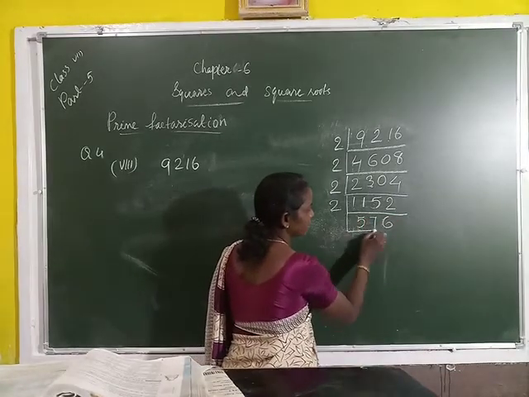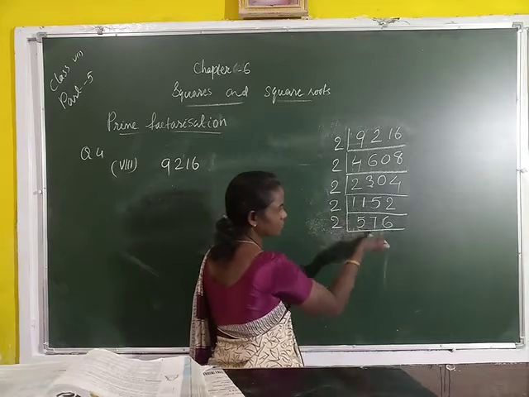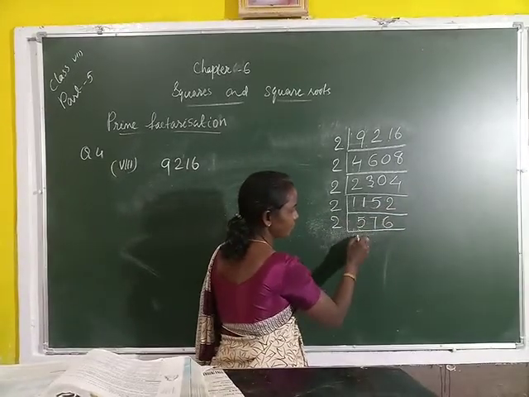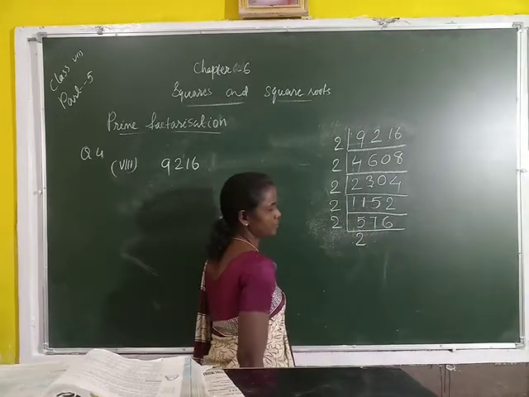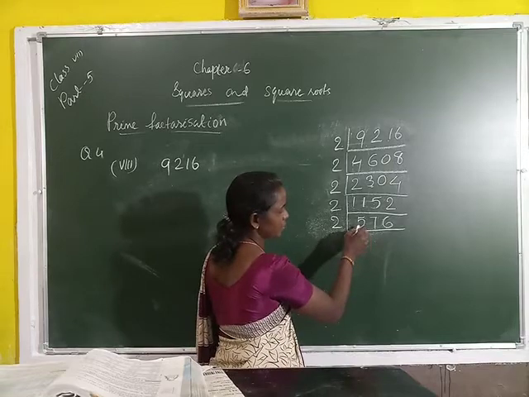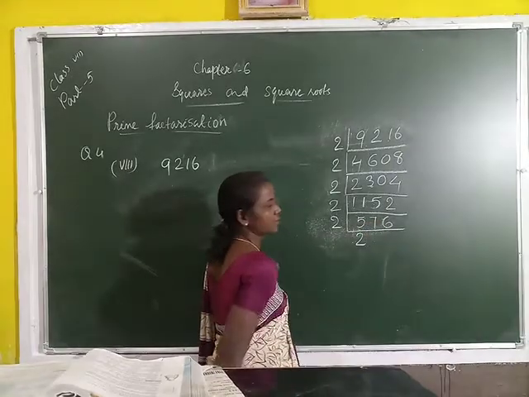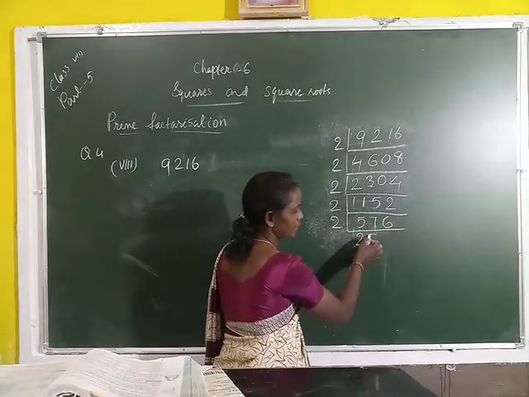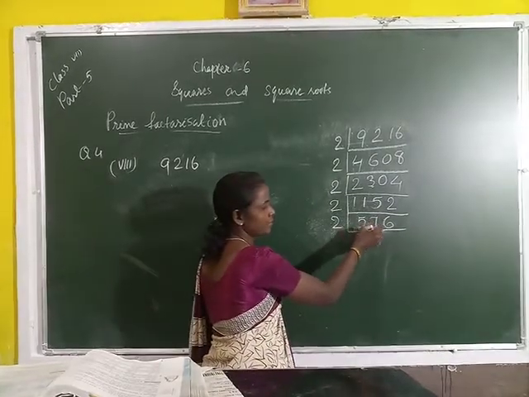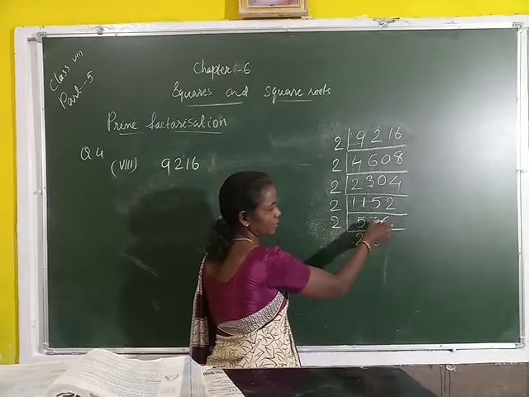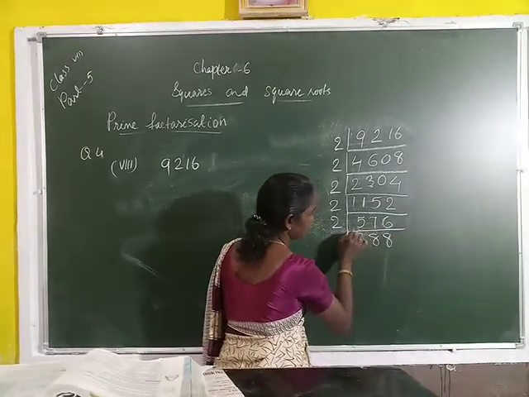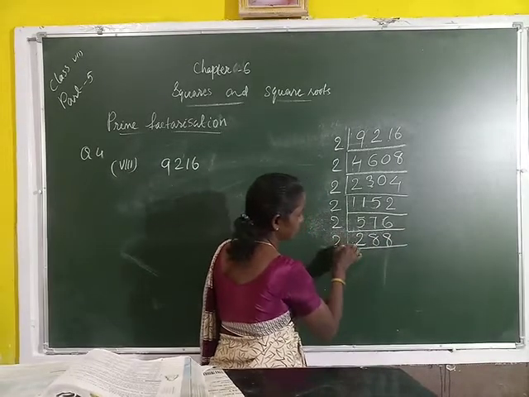Then this number is again divided by 2, because these numbers are even numbers. Then 5, how many times? 2 times. 2 twos are 4. 5 minus 4 is 1. 1 and 7, 17. In 17, how many times? 8 times. 8 twos are 16. 17 minus 16 is 1. 1 and 6, 16. In 16, 8. Then again 2.